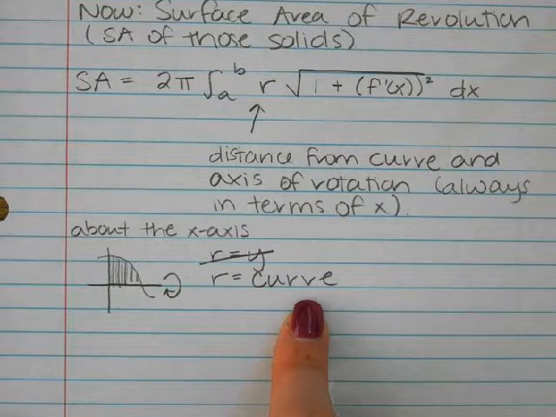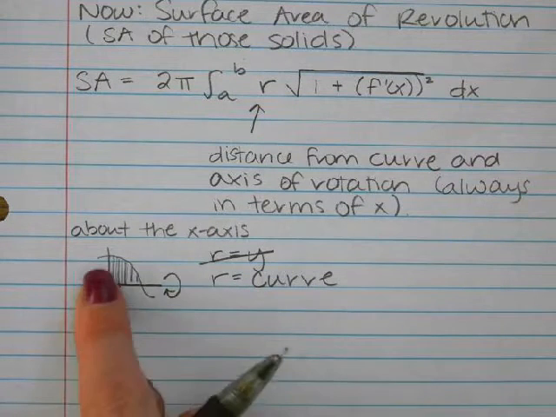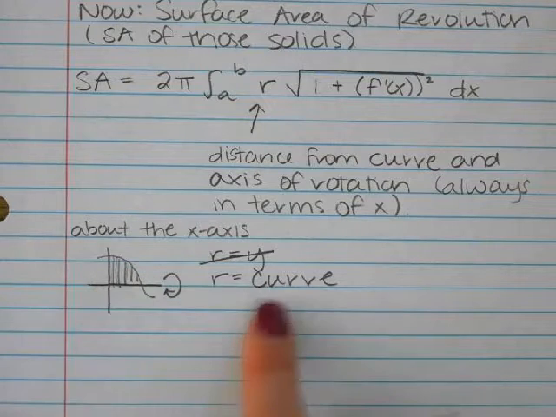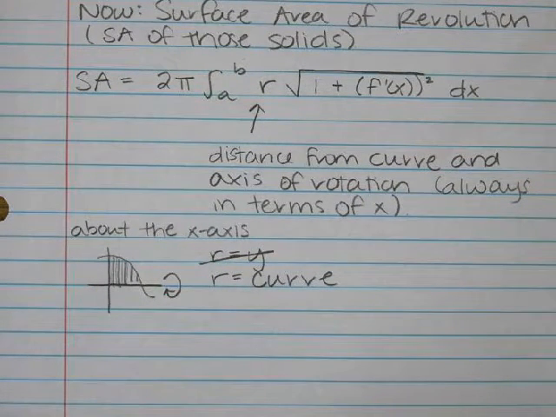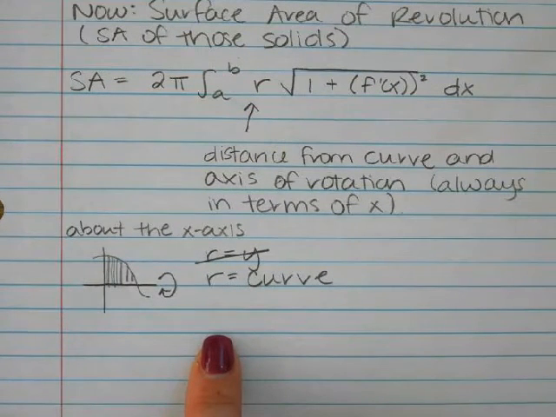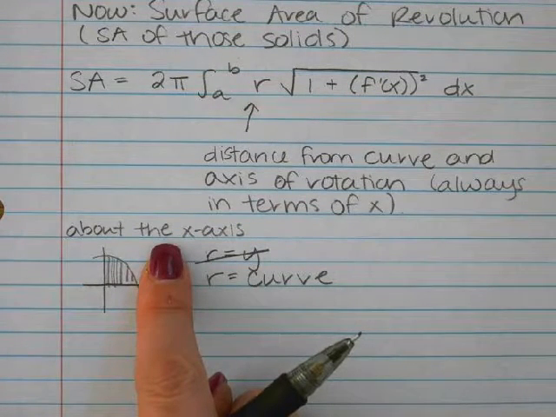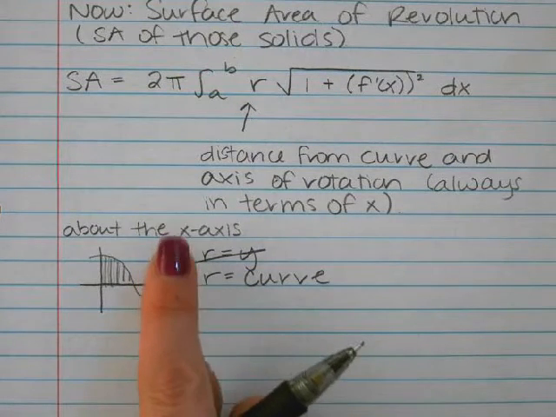So if the original problem of this curve was, say, x squared plus 5, then instead of saying r equals the y value, you're going to say r equals x squared plus 5. Okay. Does that make sense? How you choose your r? You're just using the curve itself. It could also be other horizontal lines, right? It doesn't have to be the x-axis, it's just other horizontal lines.